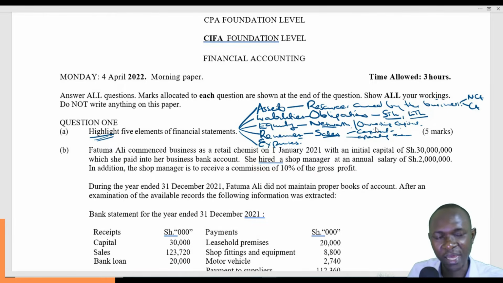When you sell items that are not really the reason why you are in business, especially things like non-current assets, then we can talk of capital revenues. Operating revenue, that's the normal revenue when you sell things that are in line with the business, what you're actually supposed to sell. So revenues, money that comes into the business.